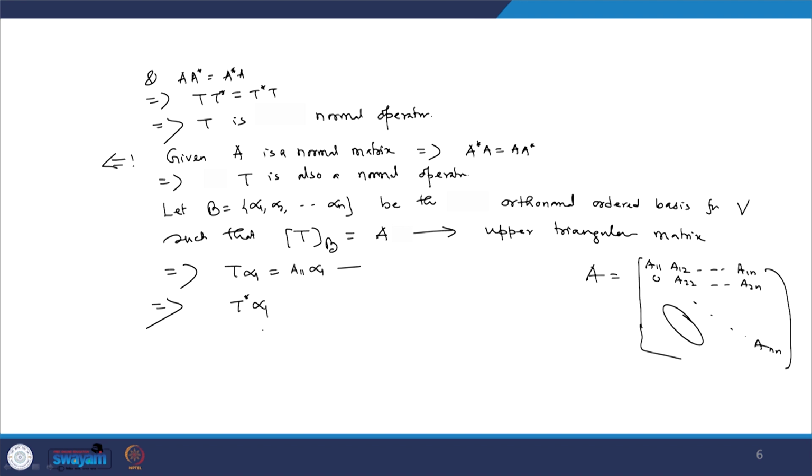Now, T star alpha 1 will be what? T star alpha 1 will be A11 bar alpha 1 according to our previous results. Okay.